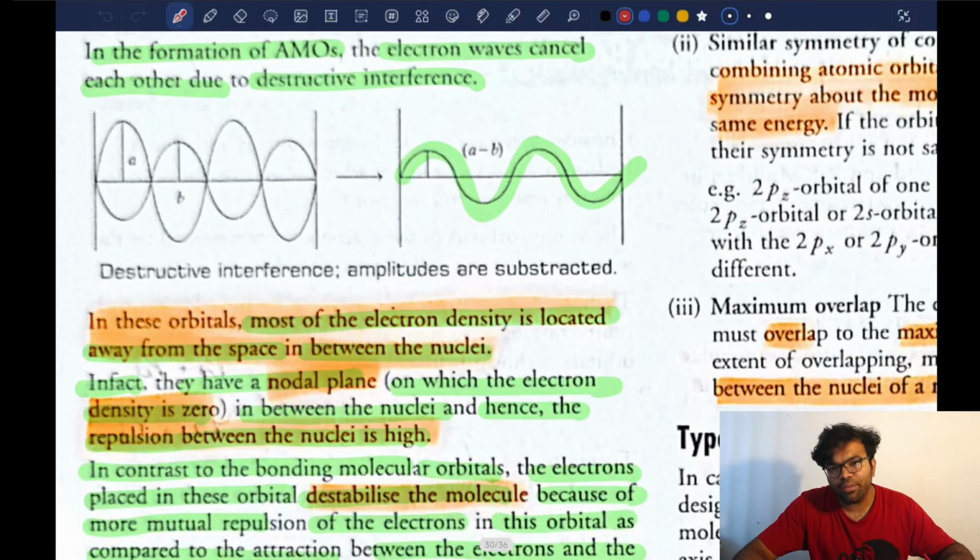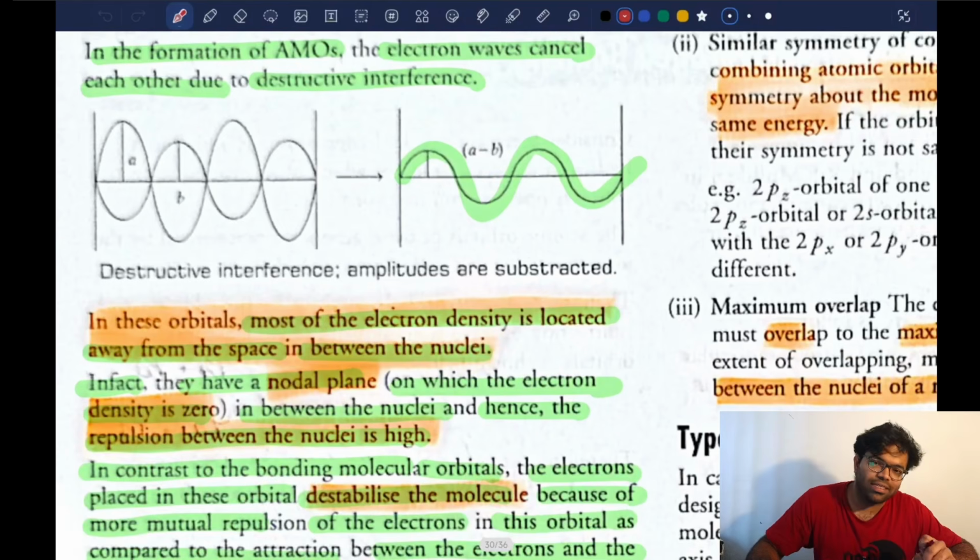Whereas in the case of the anti-bonding molecular orbital, there are no electrons present between the two nuclei. Therefore, the repulsion is much more. Due to which the anti-bonding molecular orbital has more repulsion and therefore it becomes less stable. The bonding molecular orbital is more stable, whereas the anti-bonding molecular orbital is less stable.